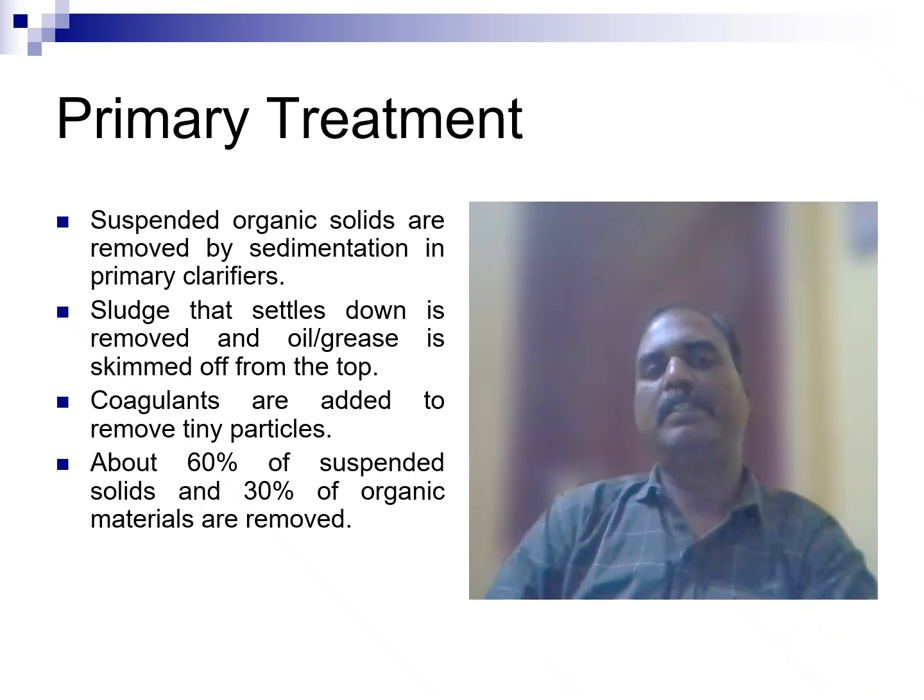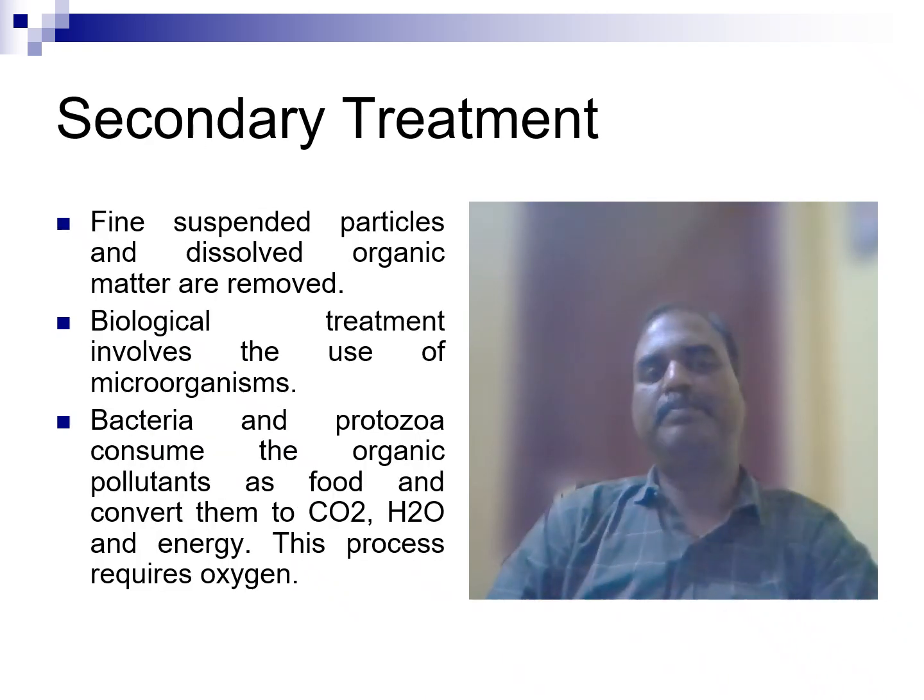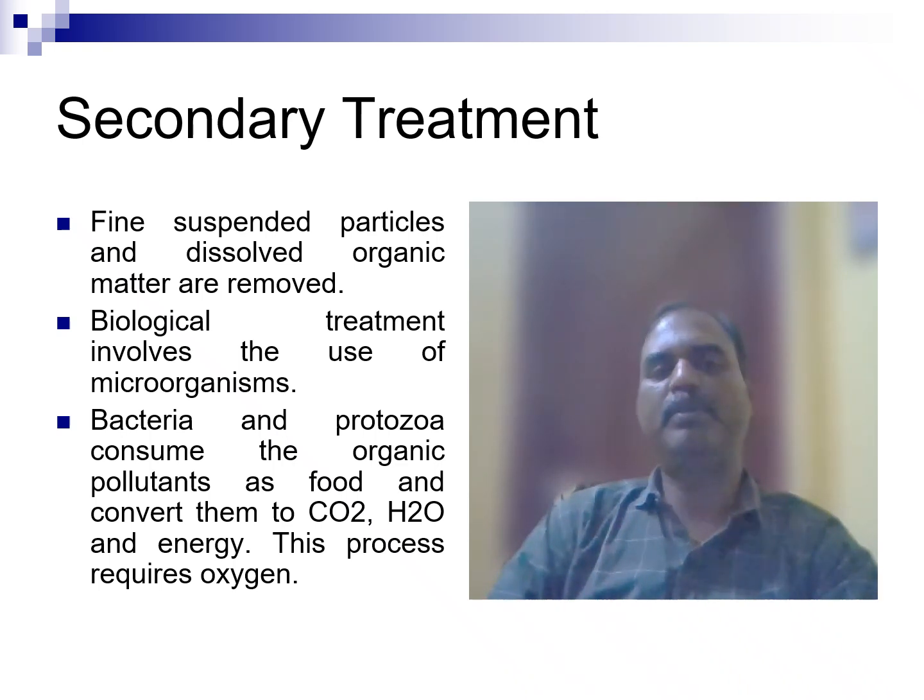Then secondary treatment. Fine suspended particles and dissolved organic matter are removed. Here we can remove most of the suspended and dissolved organic matter, but we go for a different kind of biological treatment, using microorganisms.